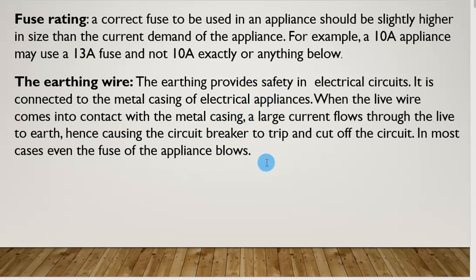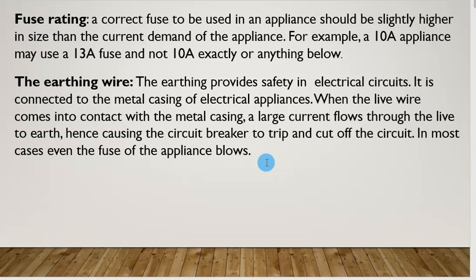Imagine you are cooking on your electrical cooker, and maybe your hot plate is about to finish. Therefore the nichrome wire inside is in contact with the metal casing.